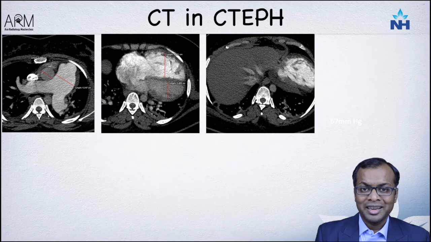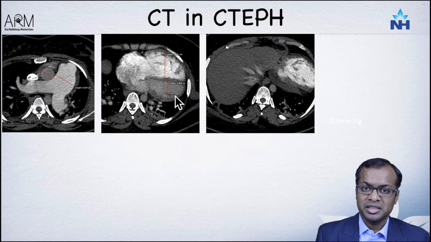So when you're analyzing a CT, the first thing I do is to look at the CT and say, is there pulmonary hypertension or not? To do that, you measure the size of the pulmonary artery. A pulmonary artery which is bigger than 3 centimeters or bigger than the adjoining aorta is suggestive of underlying pulmonary hypertension. We look at the size of the right ventricle in correlation with the size of the left ventricle.